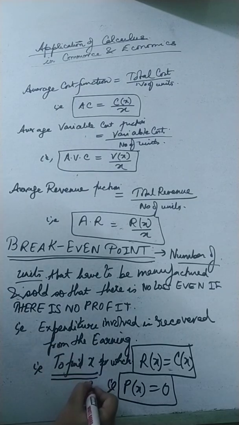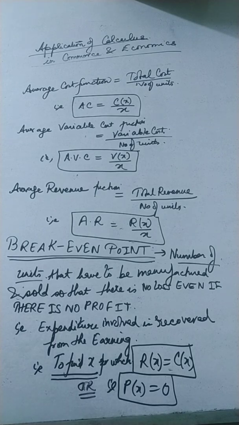So either this equation or this equation, depending on what is given, you have to solve to get the break-even point, that is the value of x for which there is no loss even if there is no profit. And that will happen when the expenditure involved is the same as the earning. That is, you recover whatever expenditure you have borne for setting up the unit, and that will be the break-even point.